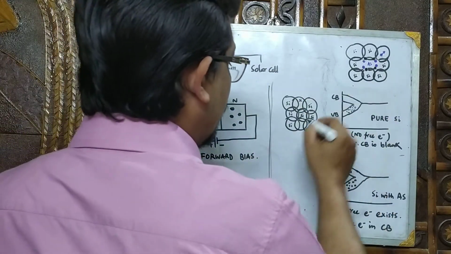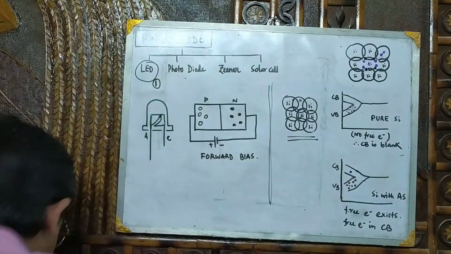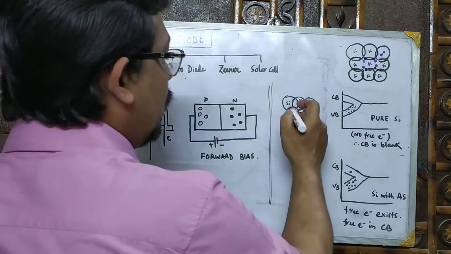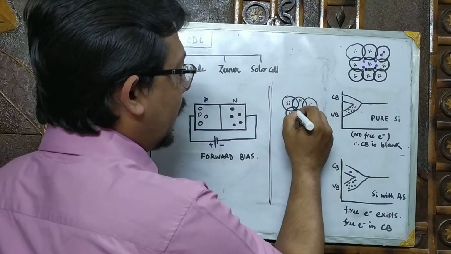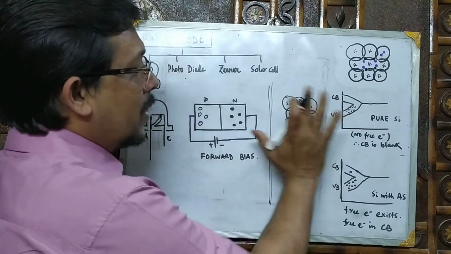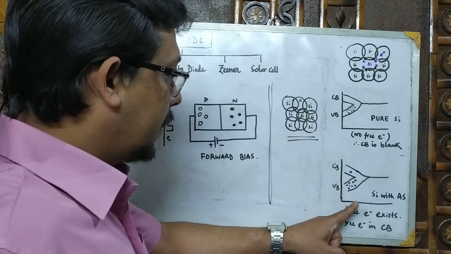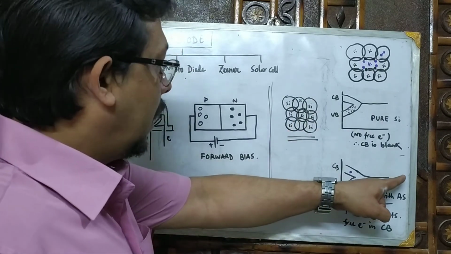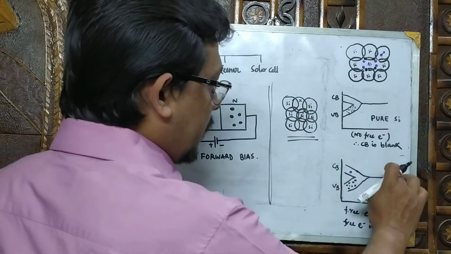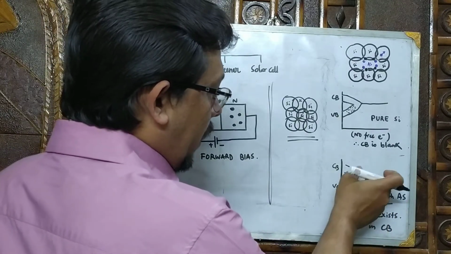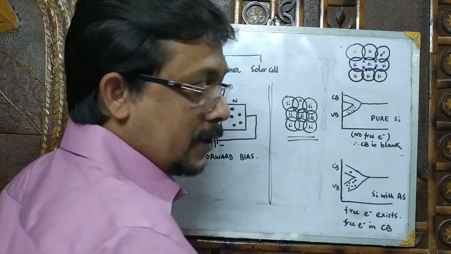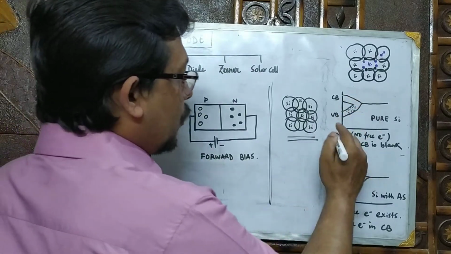Suppose this is a pure silicon crystal. In pure silicon crystal, all the 4 electrons are attached with each other and make a concrete bonding. There is no free electron, no holes. We have done the energy band of the outer shell. When atoms come closer, the valence band and conduction band separate.